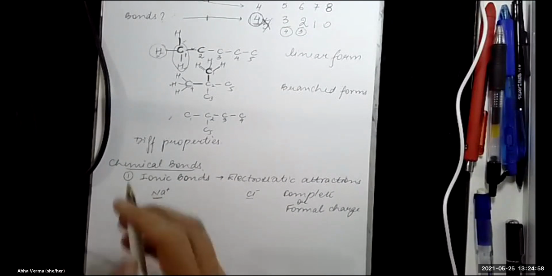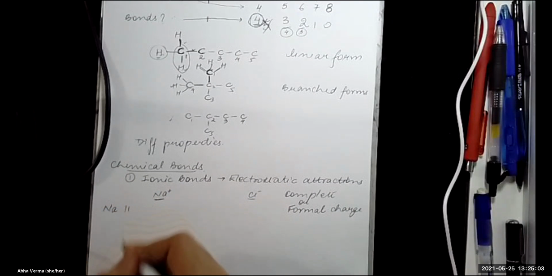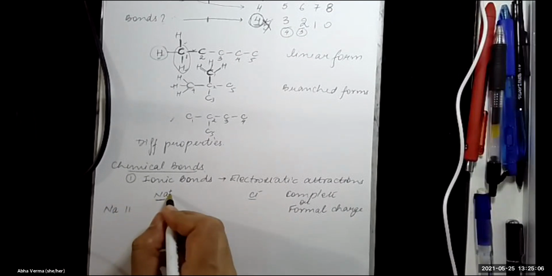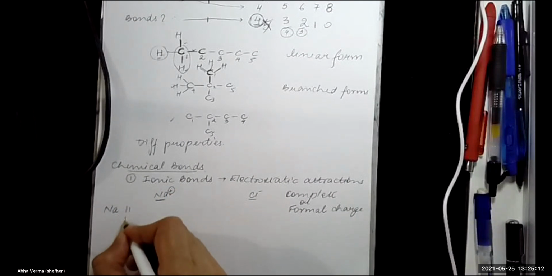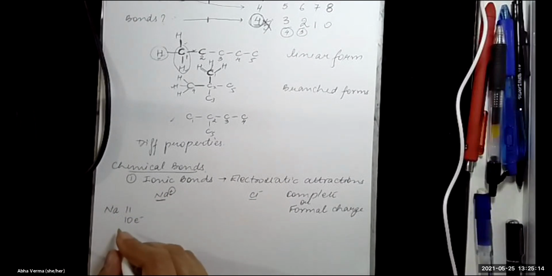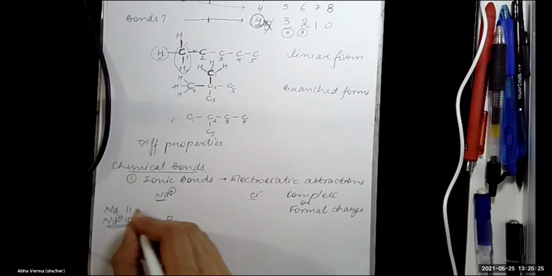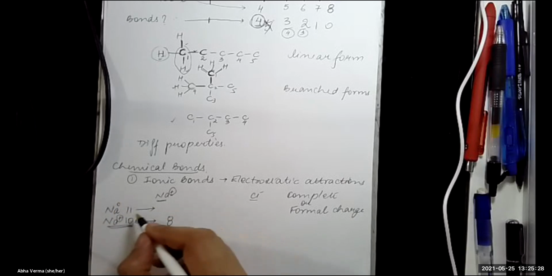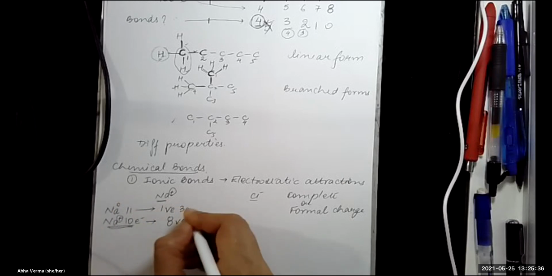So if you remember how many electrons a sodium atom usually has, 11. If it loses 1 electron and becomes positively charged, it now has 10 electrons. How many valence shell electrons are now present here? 8. Whereas in the neutral atom, there was 1 valence electron in the 3s.